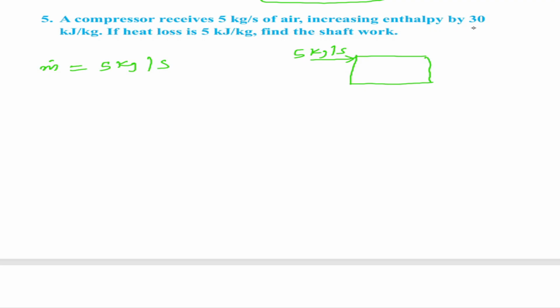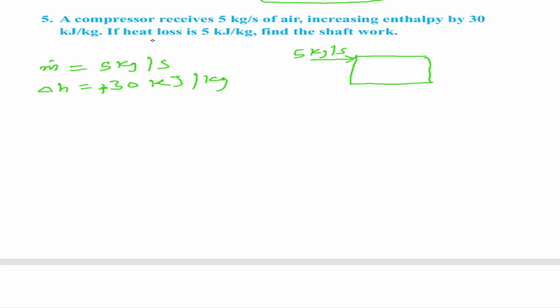And the increase in enthalpy is 30 kilojoule per kg, so delta H is given as 30 kilojoule per kg. Increase means this is positive.